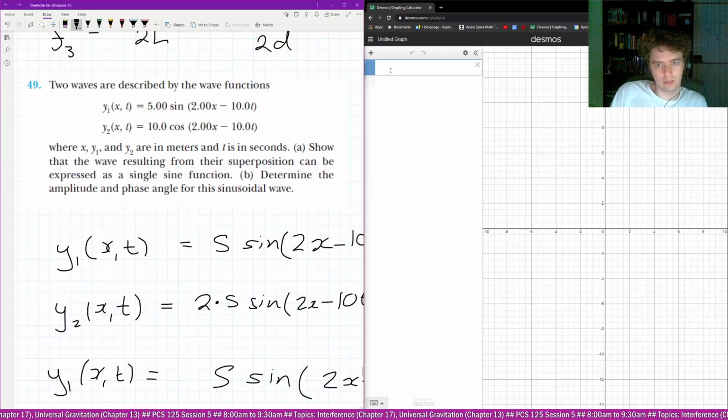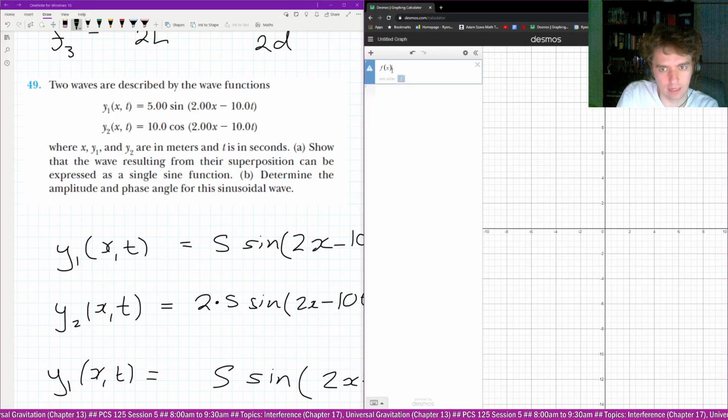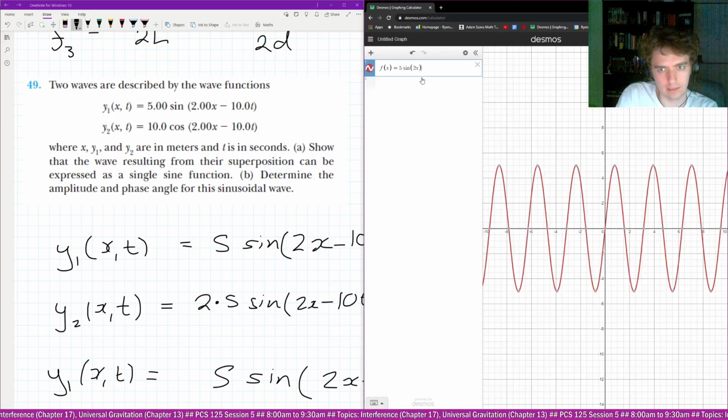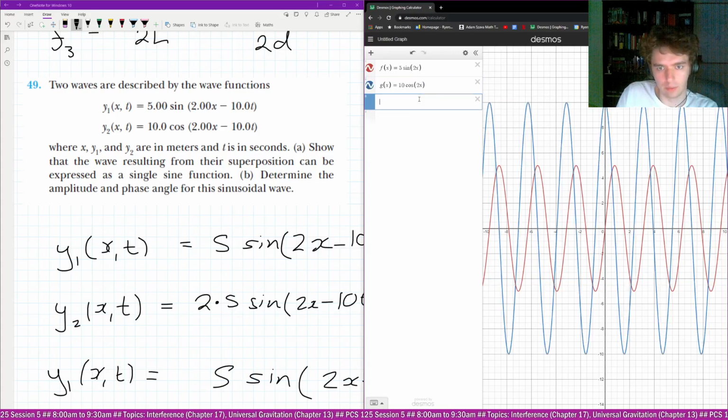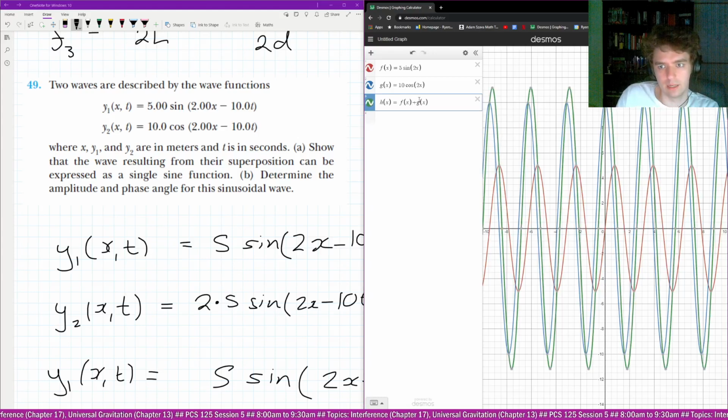If I plot them both, I can't do it with t, but I can do it for a fixed t. So I'll fix t equals 0. So f of x is 5 sine 2x. g of x is 10 cos 2x, and then we want h of x equals f of x plus g of x, and so that's this.